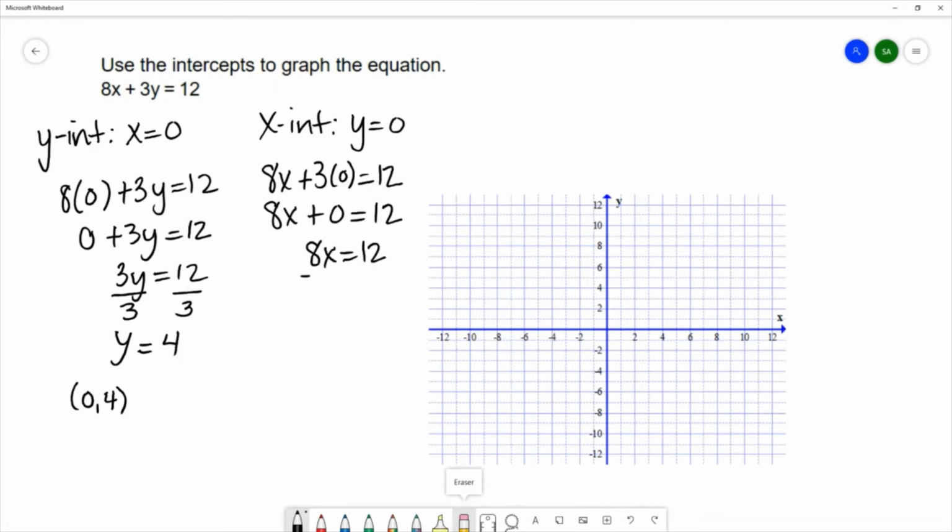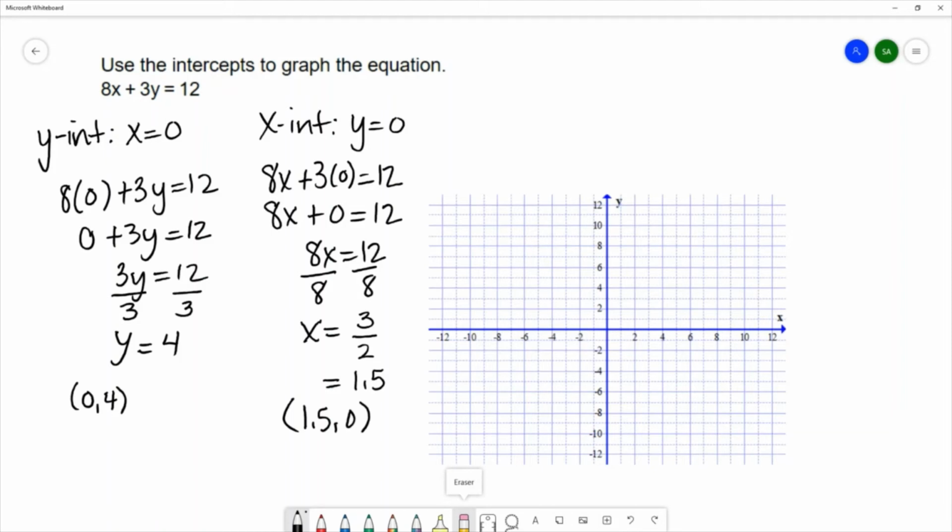I'll divide both sides by 8, and that gives me x equals 12 over 8. That'll reduce. 4 goes into 12 3 times, and 4 goes into 8 2 times. So that's 1.5. My x-intercept is (1.5, 0).